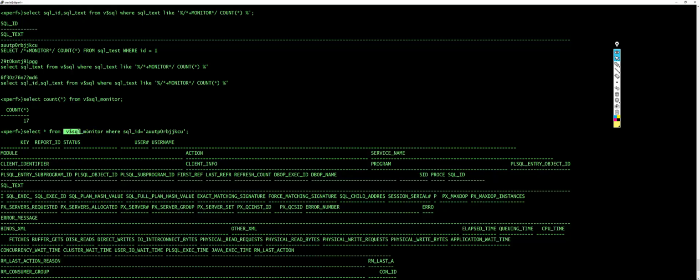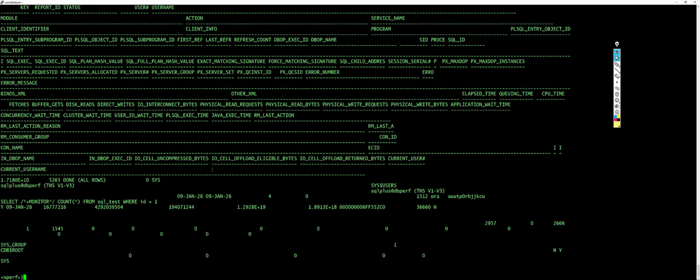This view is specifically for monitoring the SQL statement. So if any application developers or even the DBA needs to monitor a particular SQL, and needs more information about it, as I already mentioned, V$SQL will not retain all the SQL statements for a longer time, and it also does not contain more information about the SQL statement.